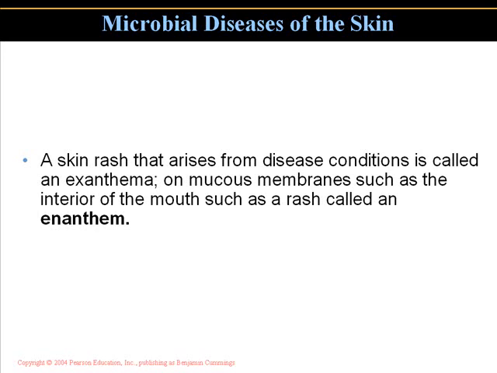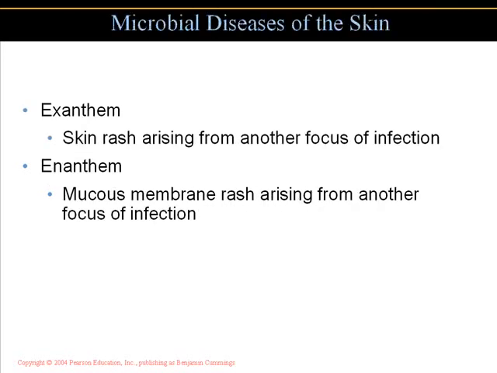Again, two terms, exanthem and enanthem, and you should be familiar with those two terms. Again, as a review, an exanthem is a skin rash arising from a focus of infection that is seen on the integumentary system. The enanthem is a mucous membrane rash arising from a focus of infection.